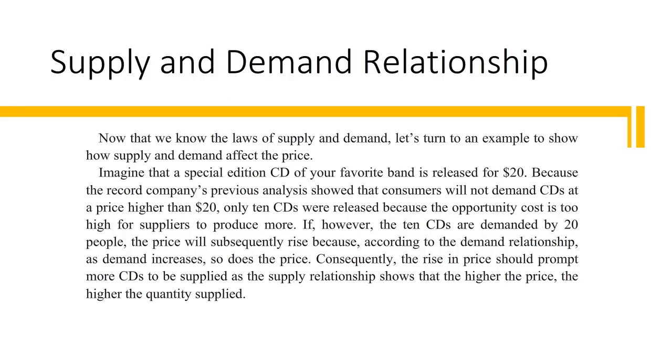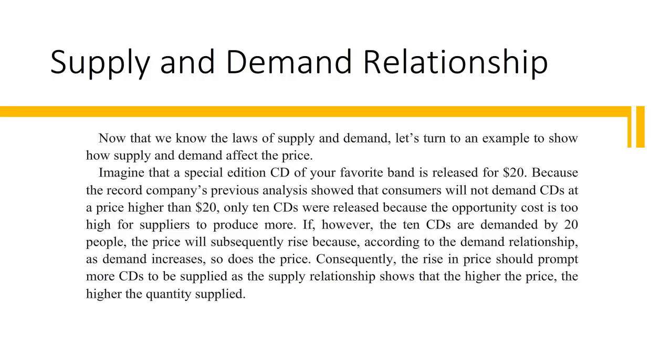Supply and demand relationship. Now that we know the laws of supply and demand, let's turn to an example to show how supply and demand affect the price. Imagine that a special edition CD of your favorite band is released for $20. The record company's previous analysis showed that consumers will not demand CDs at a price higher than $20. Only 10 CDs were released because the opportunity cost is too high for suppliers to produce more.